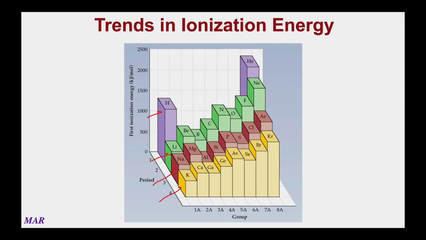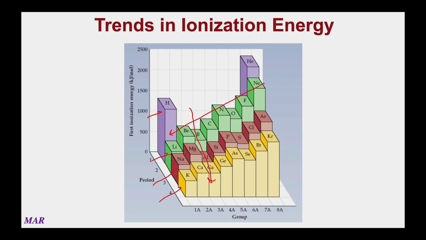Generally speaking, these ionization energies go down as you go left on the periodic table, and generally they go down as you go down the periodic table. So we say that ionization energy gets smaller as you go left and down, or it gets larger as you go up and to the right. You can think about it either way. Now, these are all first ionization energies, which means one electron removed.